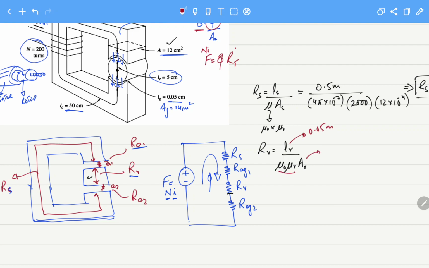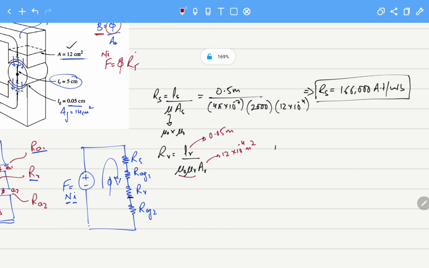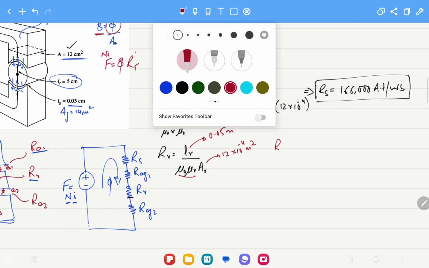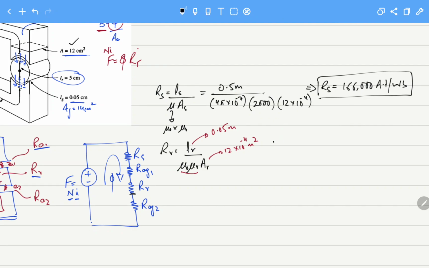Area of the rotor again is 12 into 10 raised to power minus 4 meter square. So the value of our rotor reluctance will be 16,600 ampere turns per Weber.